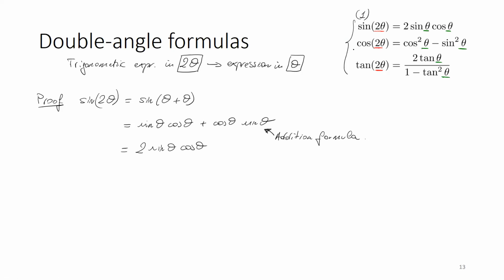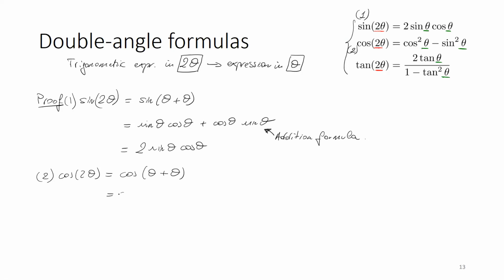And then let's also derive the second one for cosine. Cosine 2 theta. The same game. We write 2 theta as theta plus theta.